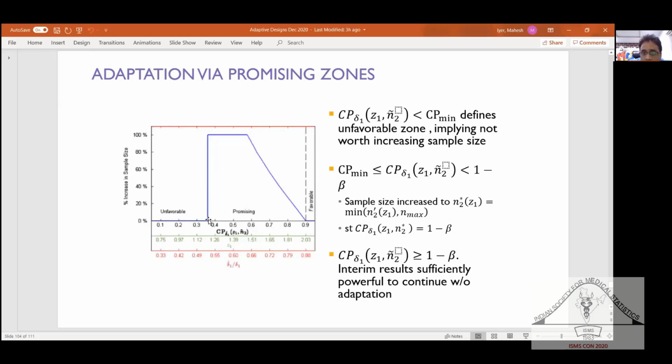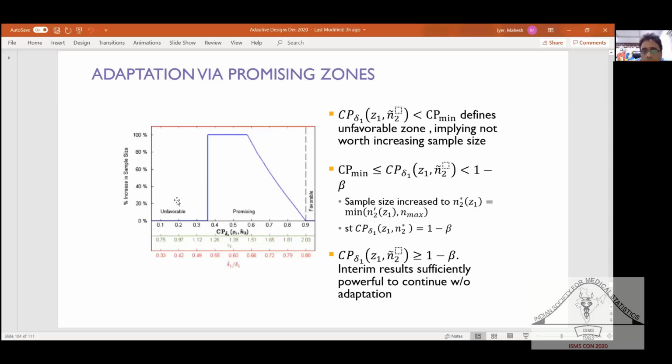And what it says is if your conditional power is very low, let's say less than 0.36 or 0.37, then it doesn't matter even if you double your sample size. You will still not be able to get a positive result at the end. Therefore, this zone is called the unfavorable zone. In this zone, you don't even bother changing your sample size. You could actually stop in this zone and just declare futility if you wanted.